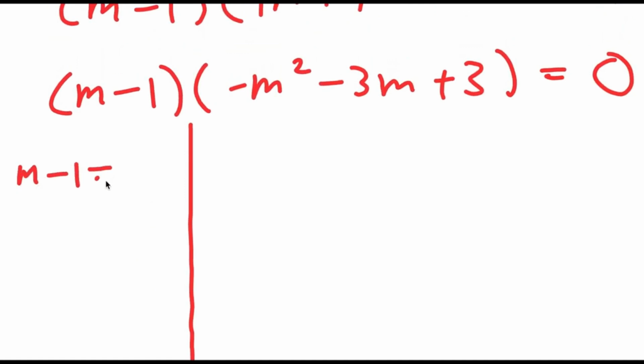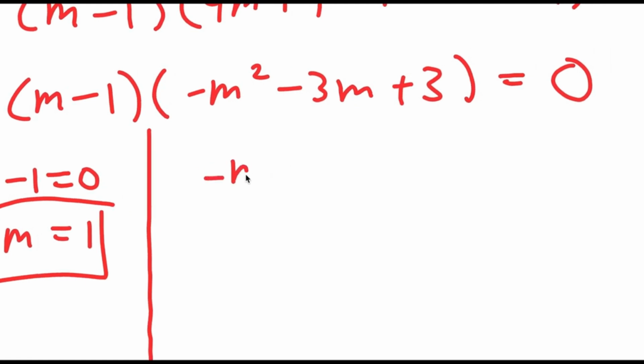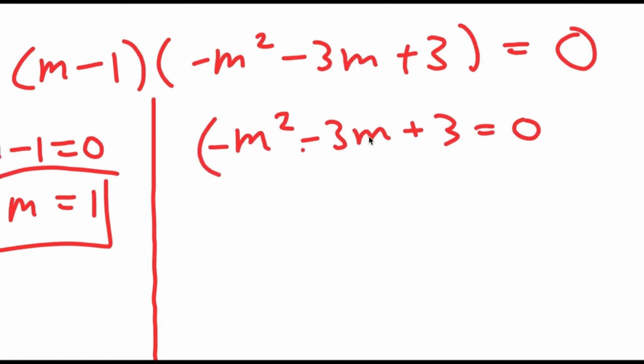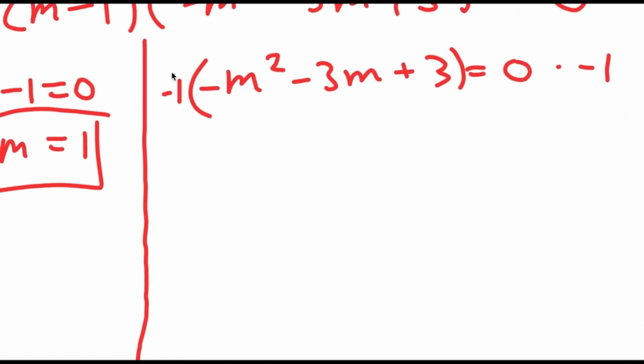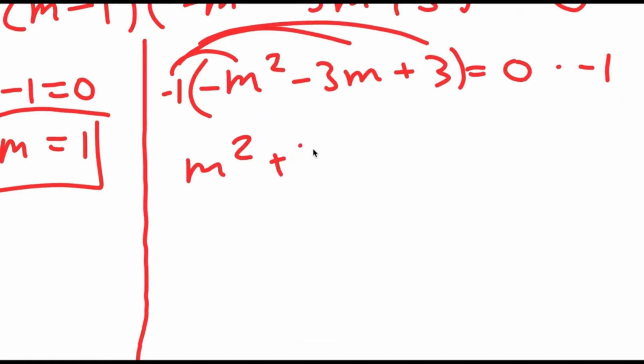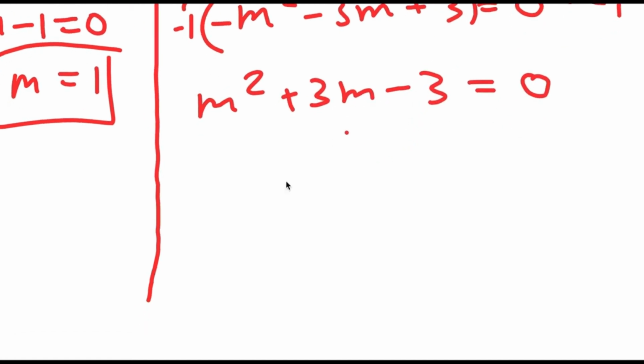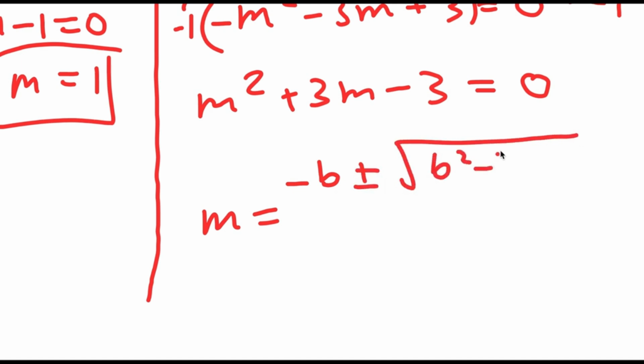And from here, this gives me two equations. I have m minus 1 equals 0, for which m equals 1, so this is one solution of m. And I also have negative m squared minus 3m plus 3 is equal to 0. So for this, I'm going to start by multiplying both sides by negative 1. So I get positive m squared plus 3m minus 3 is equal to 0. And now, because this is a quadratic equation, I'm going to use the quadratic formula, which is negative b plus or minus the square root of b squared minus 4ac all over 2a.